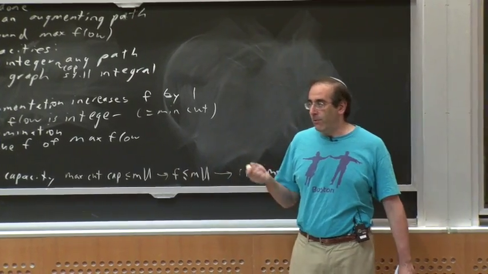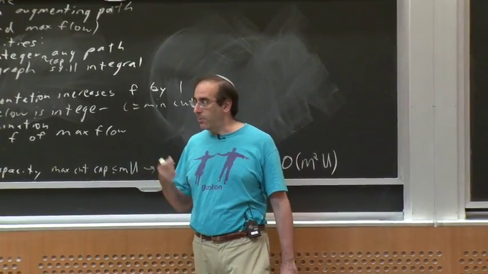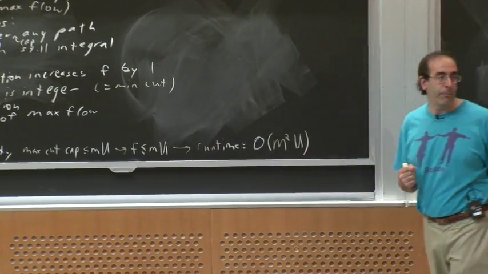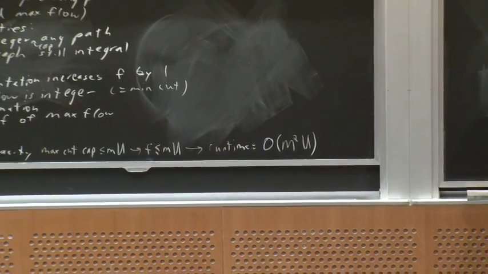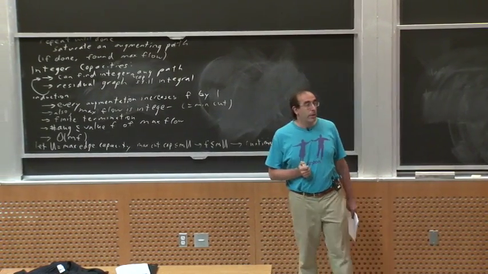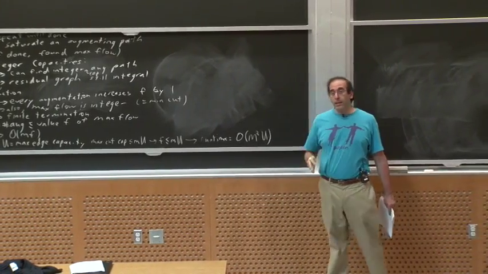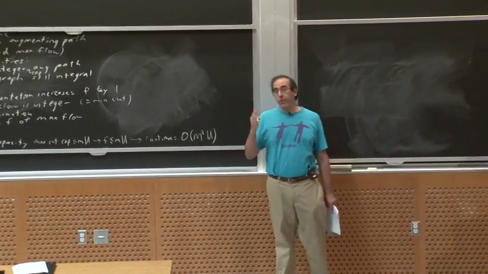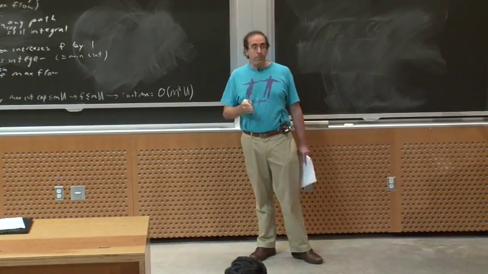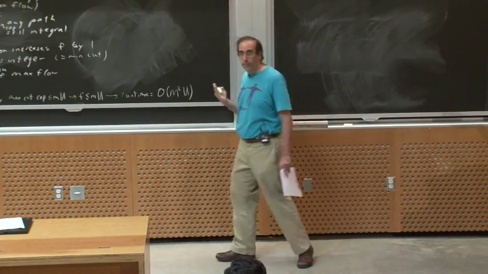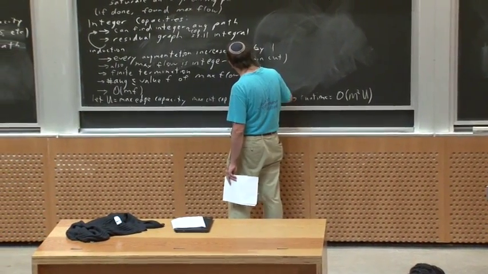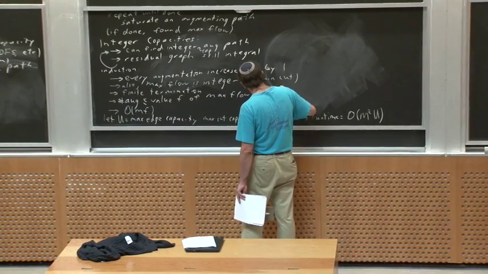This becomes relevant, for example, when we're looking at min-cost flow, which we'll do on Friday or Monday. It's also bounded by the sum of all the edge weights. Yes, that is exact in the sense that there are graphs where the value of the flow is equal to the sum of the edge weights, but it's not always exact. In some graphs, the flow value may be much less than the sum of the edge weights. So I'll add an annotation here that this is n times U in simple graphs.